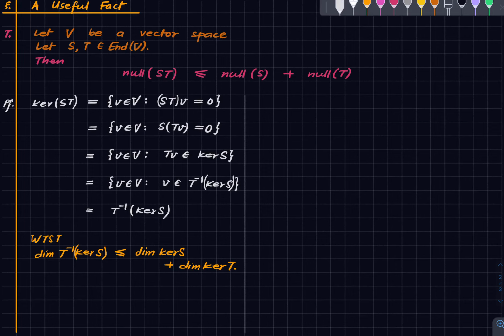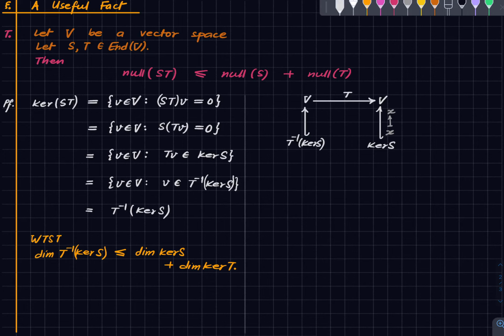We have this linear map T going from V to V, and here we have the kernel of S sitting inside it. This vertical map is the inclusion map, which takes a vector to itself. Here we take its pre-image, T inverse kernel S, and here again we have the inclusion map.